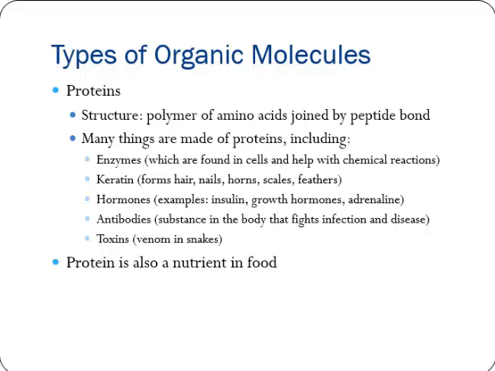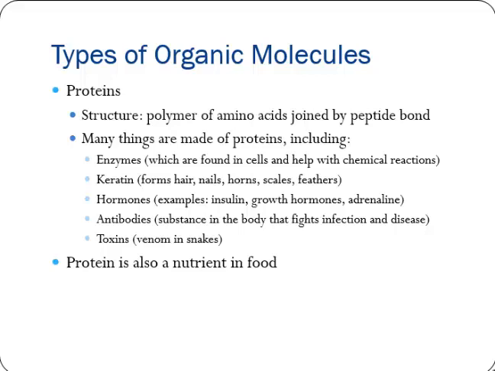A polymer means a whole bunch of molecules next to each other. Amino acids are the building blocks of protein, just like sugar is the building block of starches. Lipids, or individual fat molecules, are the building block of fats. And so also amino acids are the building blocks of proteins, and peptide bonds just means the type of bonds that you see in protein.